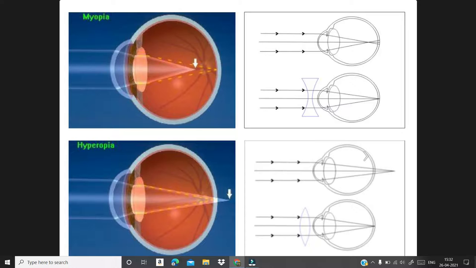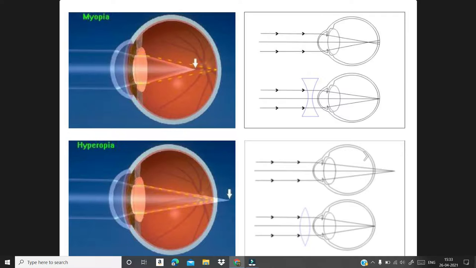Now, long-sightedness, far-sightedness, is also known as hypermetropia. So it's hyperopia, not hypermetropia. In this, it is just the opposite of myopia. The person can see far-off distant objects but cannot see the nearby objects.